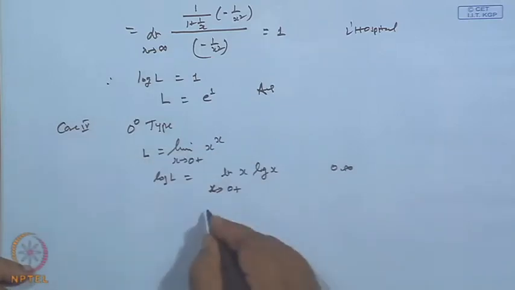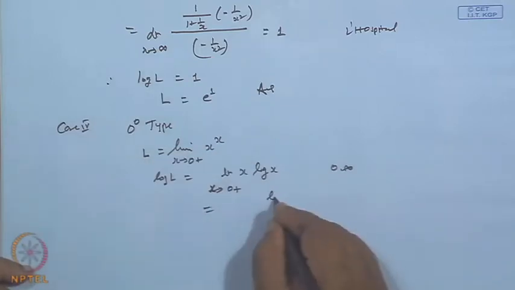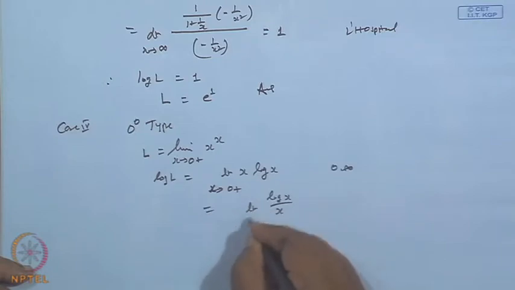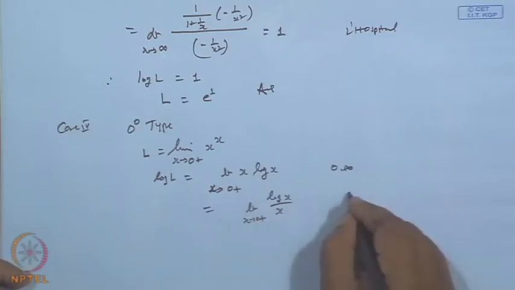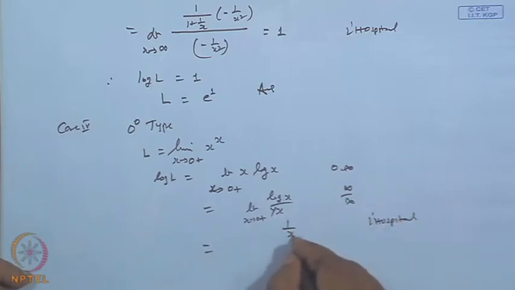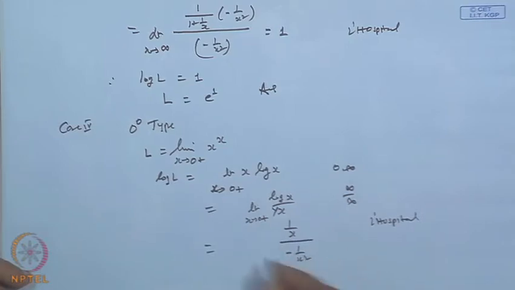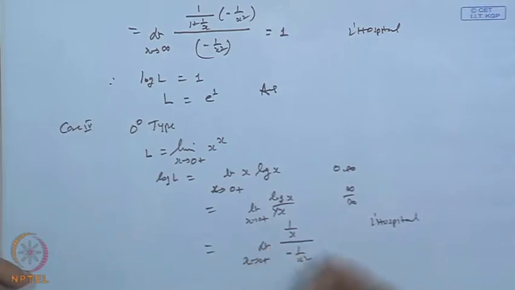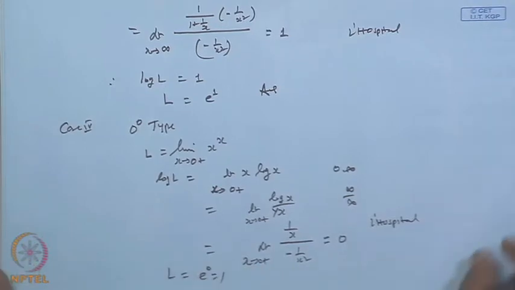So, just like the previous one, we can take it as log x by 1 by x as x tends to 0 plus, which is infinity over infinity. Now, apply L'Hospital's rule. Differentiate the numerator and denominator separately and take the limit when x tends to 0 plus, and this limit will come out to be 0. So, L will come out to be e to the power 0, that is 1, the answer.